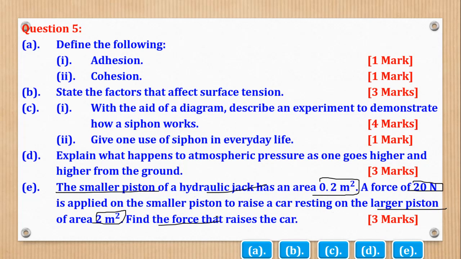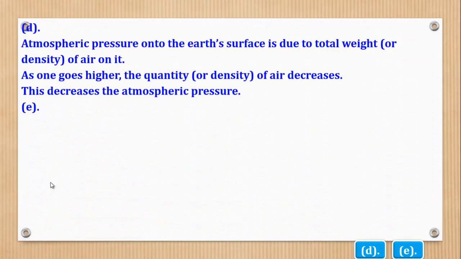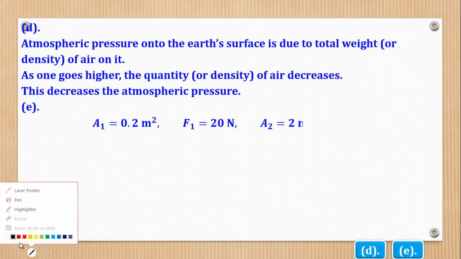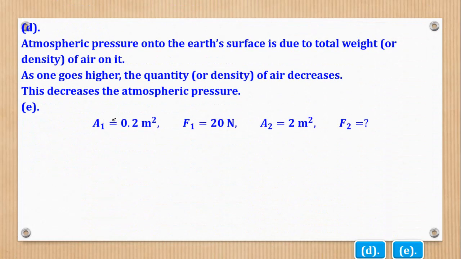Find the force that raises the car. So know that small area is this and small force is this. Therefore, big area is this and big force we do not know. But the good thing, we know that the ratio is the same. So ratio of big force over small force is equal to big area over small area.